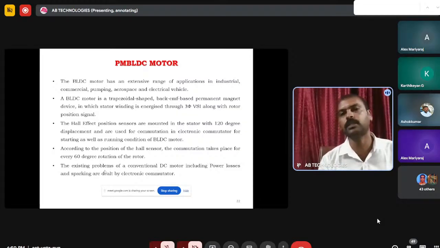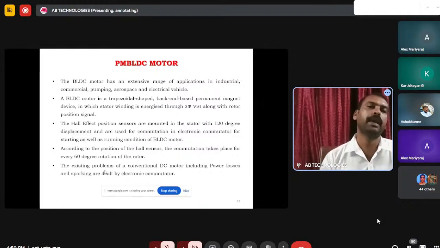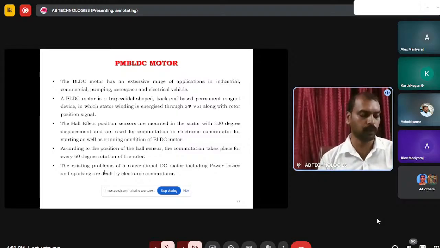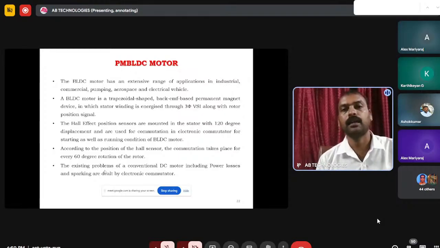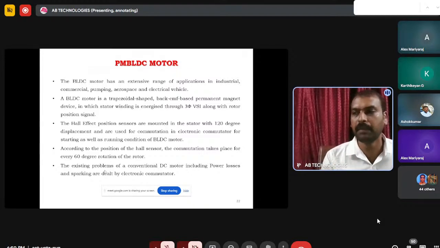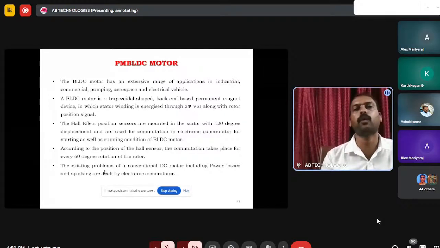If you combine these two, that machine is called, under special electrical machines, a BLDC motor or PMSM motor: permanent magnet brushless DC motor or permanent magnet synchronous motor. In the PMSM motor, the stator and rotor are almost similar, but the difference is that in the permanent magnet synchronous motor, the rotor is cylindrical type, that means a 180 degree polar machine.